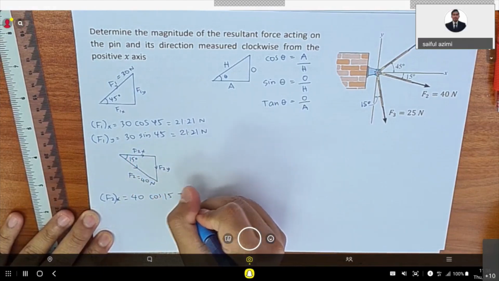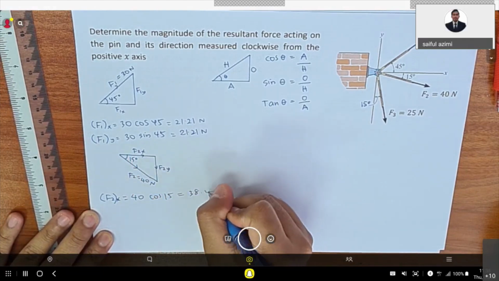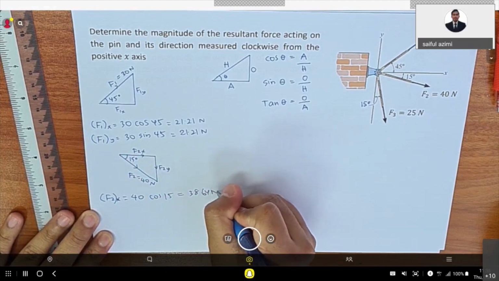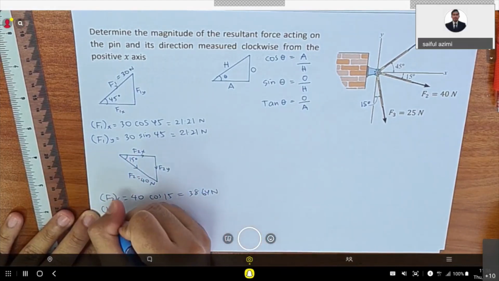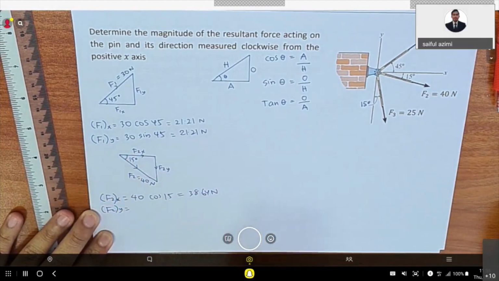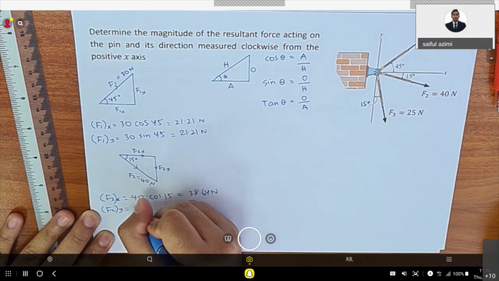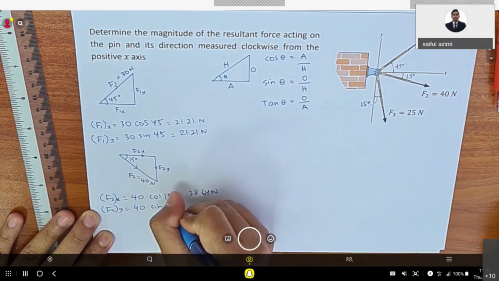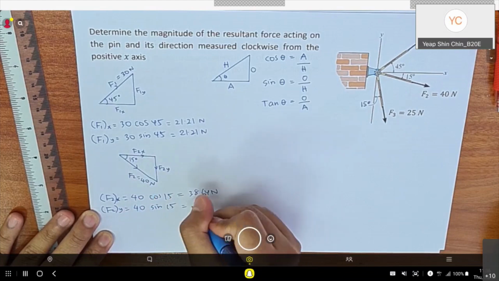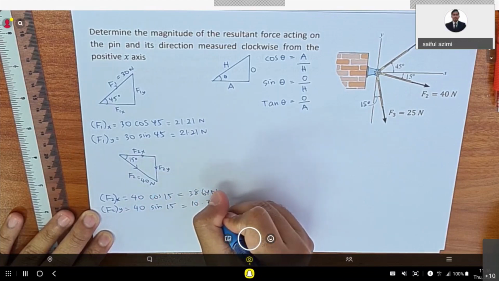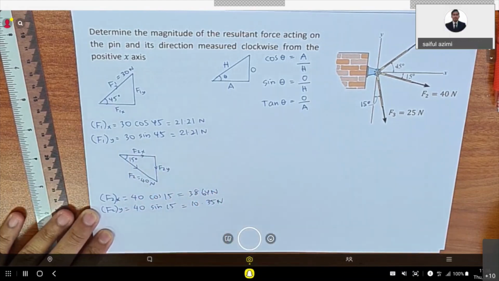So you will get 38.64, right? Newton. Okay, so what about F2y? 10.35. So 40 sine 15, 10.35 Newton.